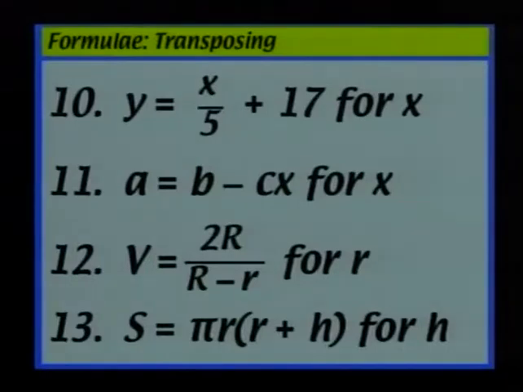Number 12. Number 12 is v equals 2r over capital R minus r. I want to transpose this formula for small letter r. Garonamo, what is the first step I should take?